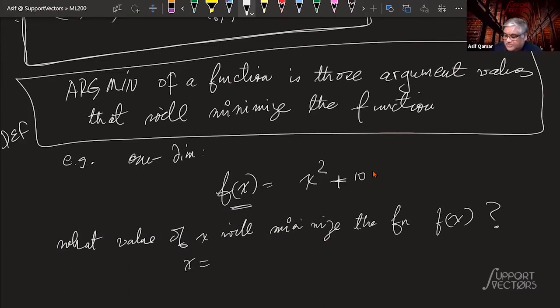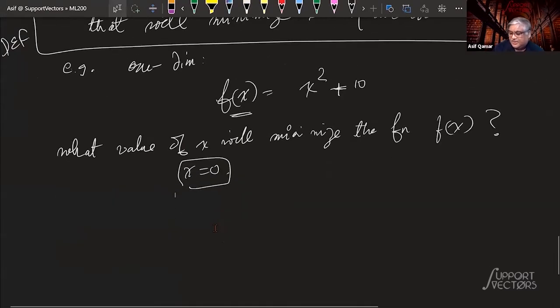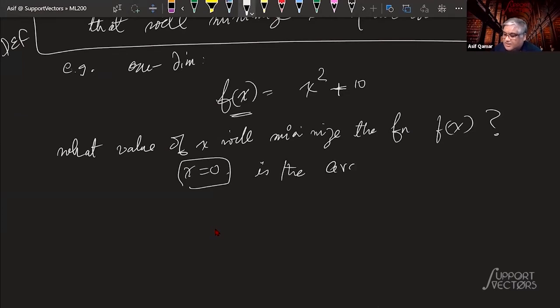So x is equal to 0 is the arg min of f(x). The value x equal to 0 is the place where the function is minimum.